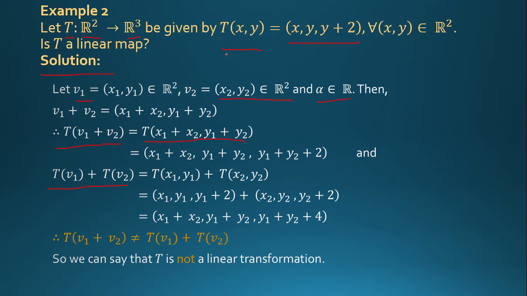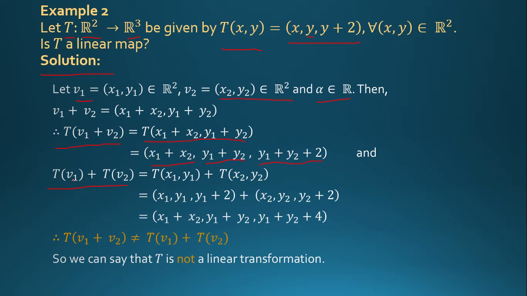So first x1 plus x2, because T of (x, y) is equal to (x, y+2), y ની value y1 plus y2, and third, y1 plus y2 plus 2. Definition પ્રમાણે y plus 2, y ની value y1 plus y2 plus 2.